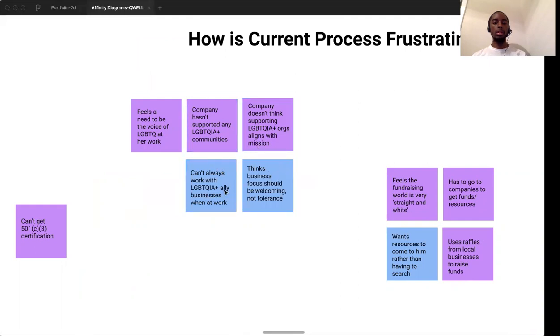Yeah, this is a big thing. A lot of businesses, even if they have an equity team, affinity group, diversity team, whatever you want to call it, employee resource groups, more times than not, do not really support the niche causes.